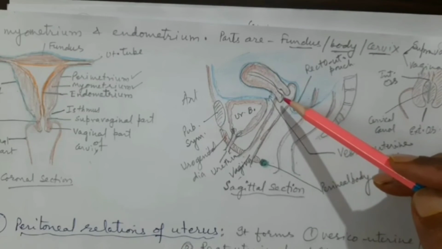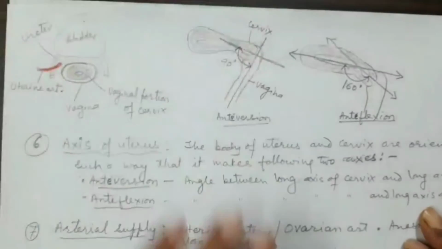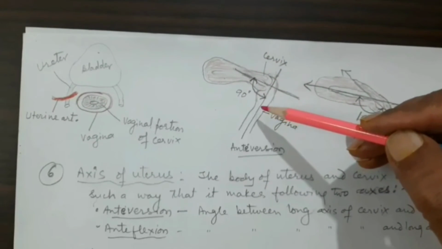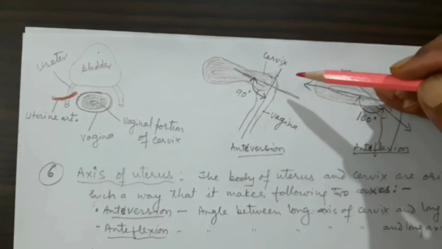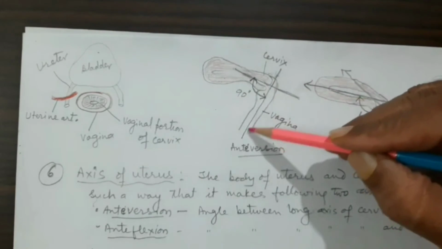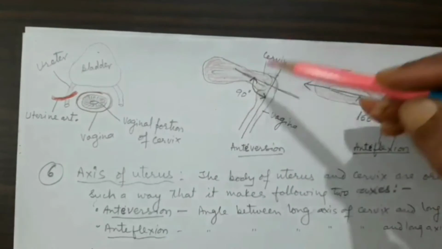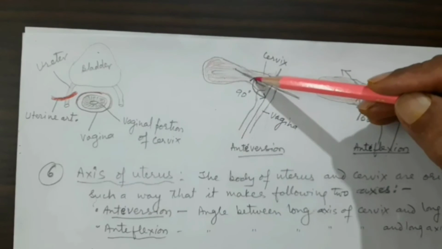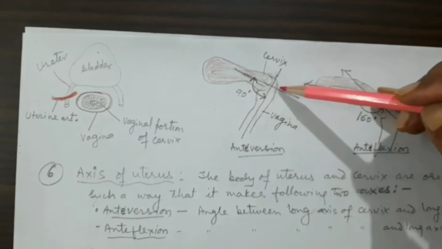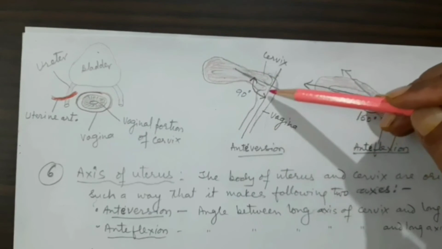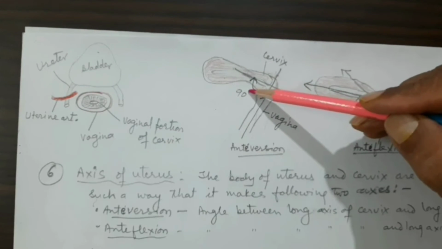The uterus is obliquely placed along with the cervix, while the vagina is almost vertically placed in the normal condition. So this is the vagina. If you draw the long axis of the vagina and the long axis of the cervix, this part is the cervix, through the cervical canal, they will cut each other at 90 degrees.